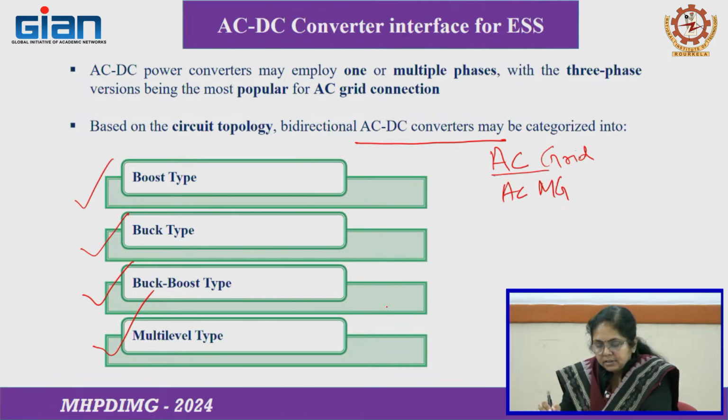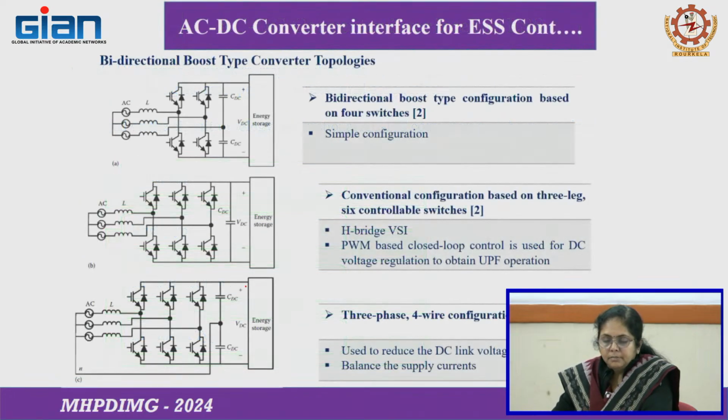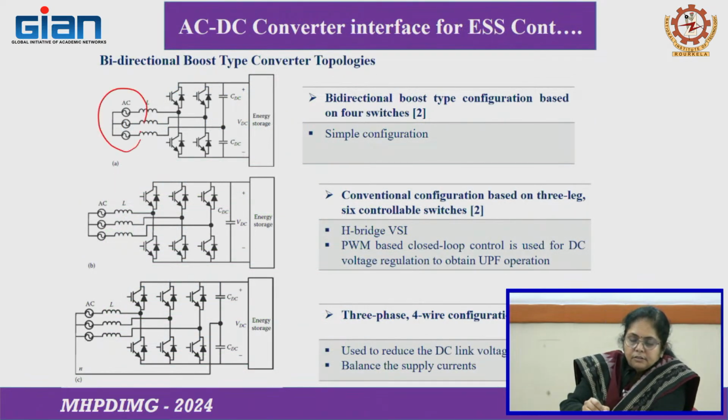Sir has given some idea on the multi-level type, and the boost, buck and buck boost types are for the 3-phase AC system. The grid is interfaced with the energy storage, which is DC, and in between we have different topologies.